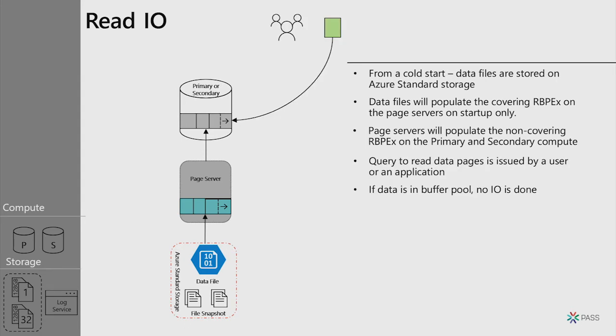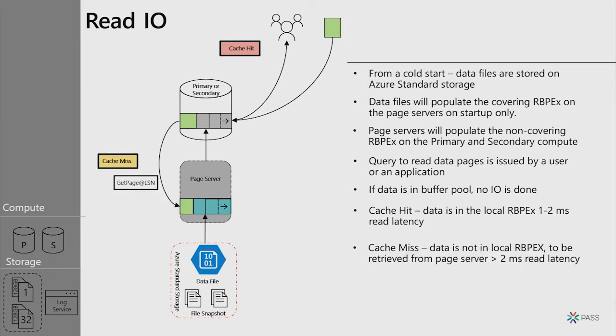So if a query is made to the primary or replica, it doesn't matter. If the data is in cache, it's returned directly. If it's in buffer pool or in RBPX, it's returned directly. You don't have to go to any other layer, if you will. And then if it's a cache miss, then it requests a particular page from the page server at a particular LSN, because it has to say, give me this page as of this time, right?